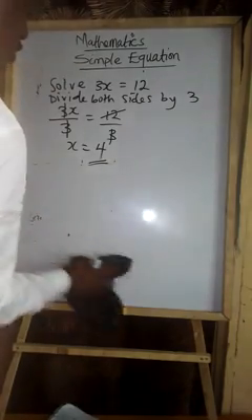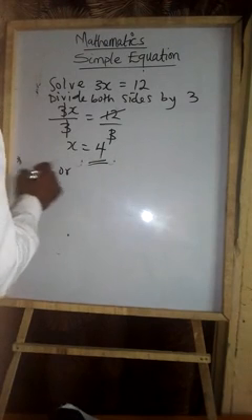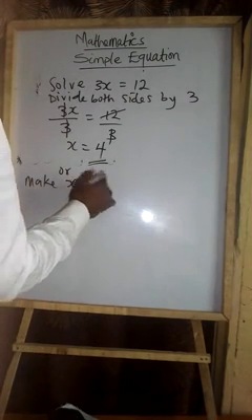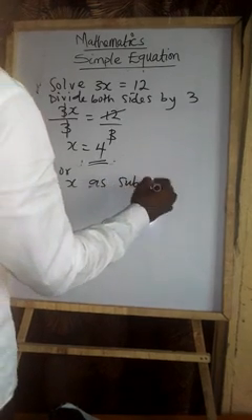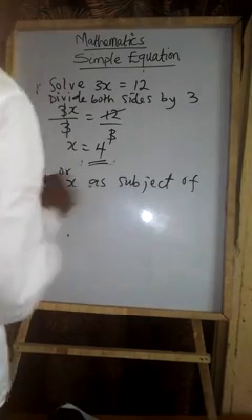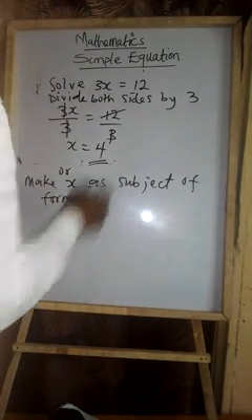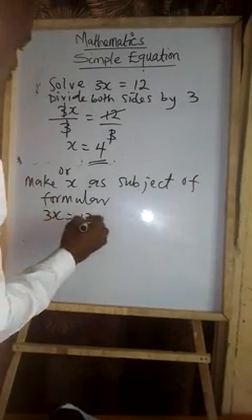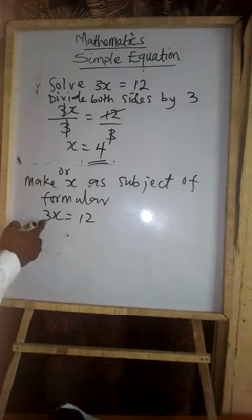You can equally solve it or you make x the subject of the formula. So if you make x a subject of formula from that equation above, the 3 will go to the denominator.